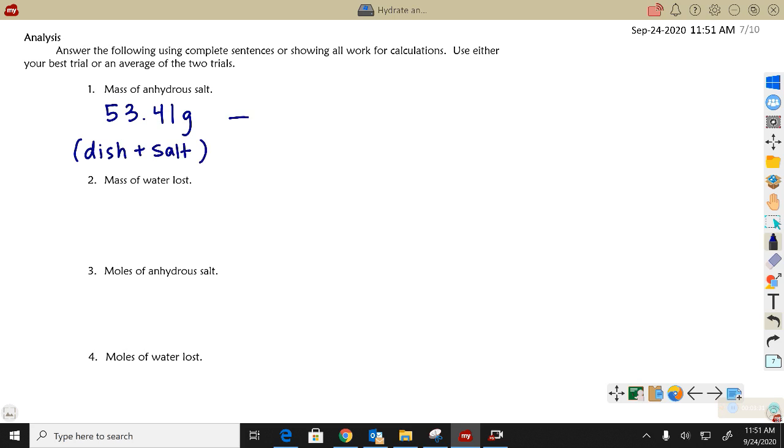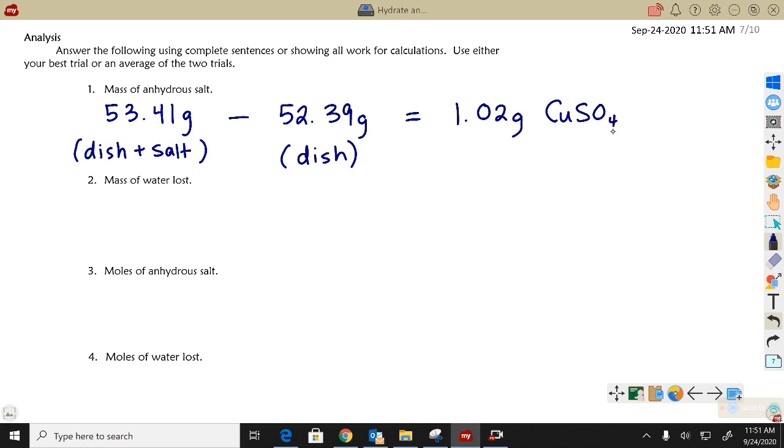And we just subtract off the mass of the empty dish, 52.39. That's the dish. Then what's left is the salt. Okay, so we just subtract. And I'd be looking at about 1.02 grams. The salt would have just been the copper sulfate.